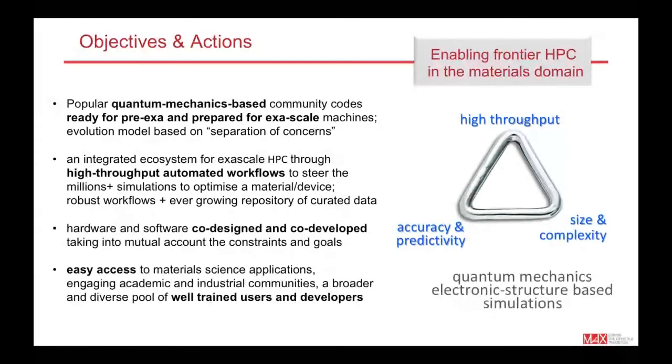We would like to work on quantum mechanics based codes, getting them ready for pre-exascale and exascale machines. As you know, in Europe, there are going to be three pre-exascale machines of the order of a few hundred petaflops in one year's time, more or less. So that is our main goal at the moment, and we need to get ready for exascale machines. One of the key words is to exploit the separation of concerns. So we would like as much as possible to split what is the science and what is the hardware concern.